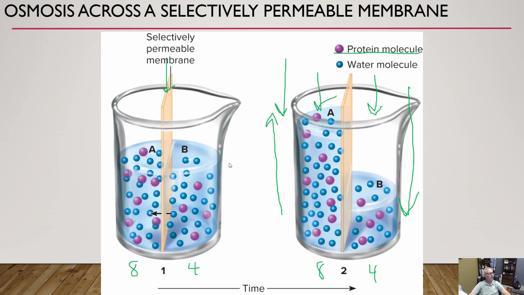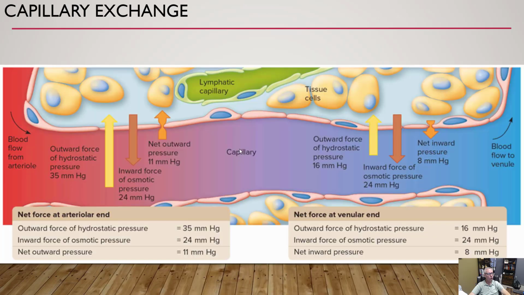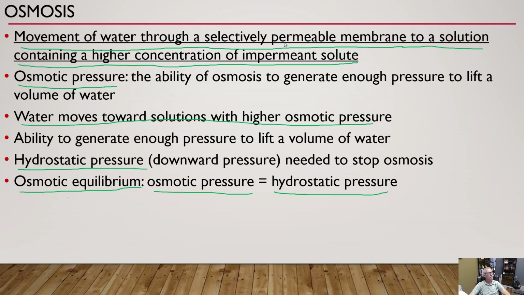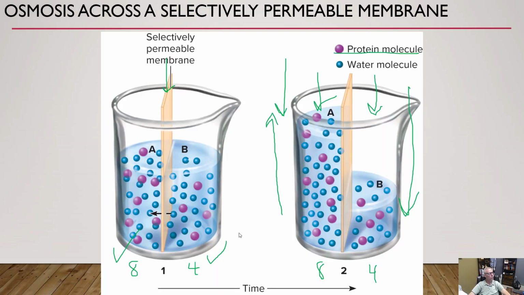We moved from a higher water concentration to a region of lower water concentration, or we moved it to a solution containing a higher concentration of impermeant solute. We moved it from an area to a higher impermeant solute concentration. That's all we did. So we kind of flip-flopped that definition.